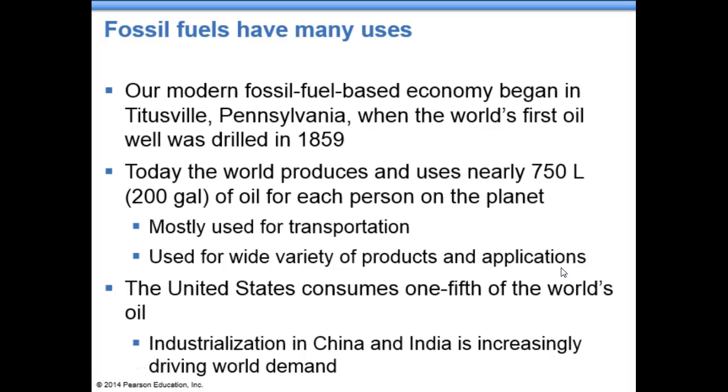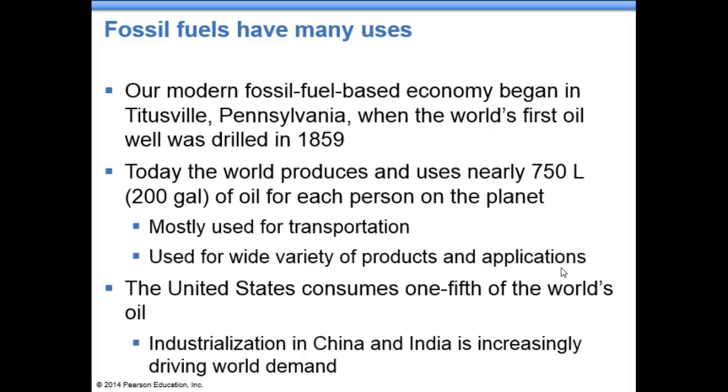So oil is the next one that we have to consider, and our oil use began roughly about 1859 when the world's first oil well was drilled in Titusville, Pennsylvania, again right here in our own backyard.